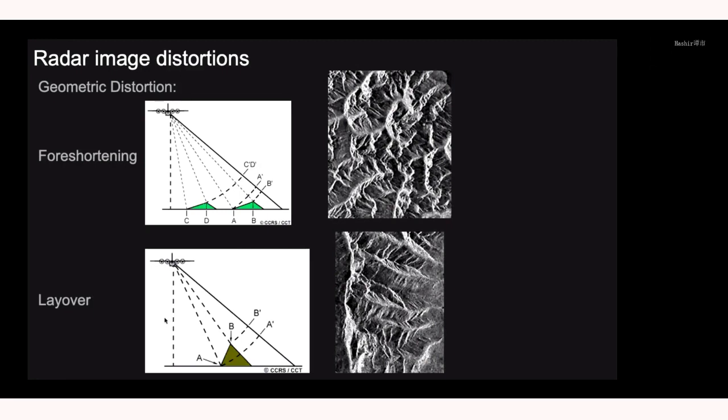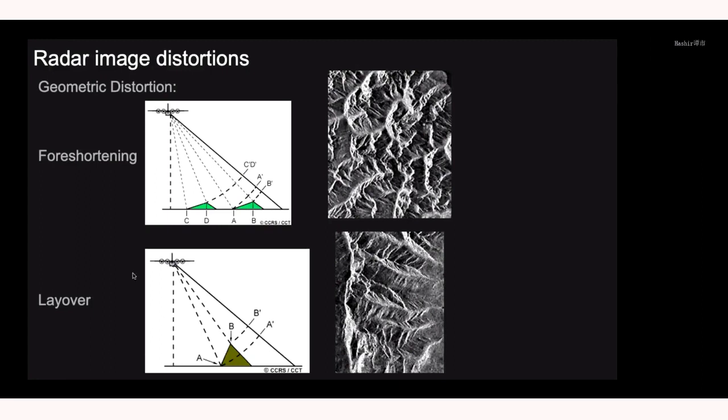In the second case, layover occurs when the radar beam reaches the top of a feature, for example a mountain or building, before it reaches the base.